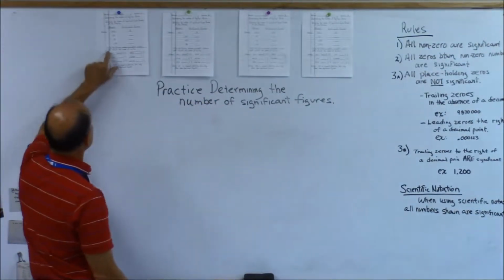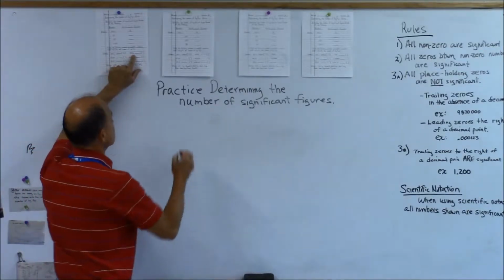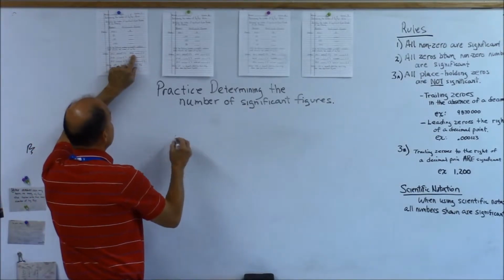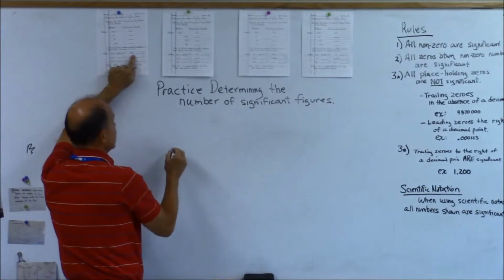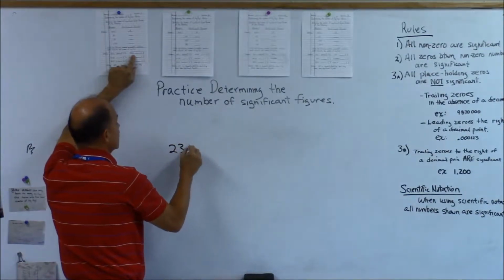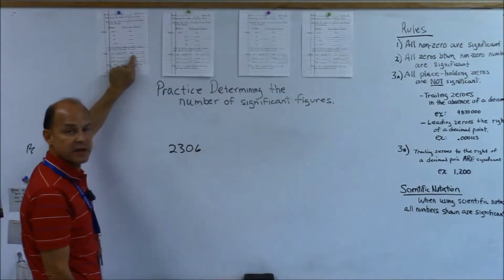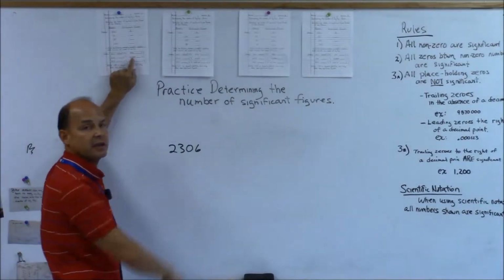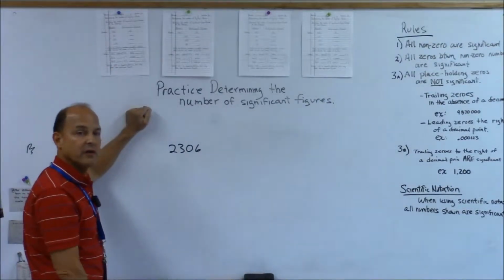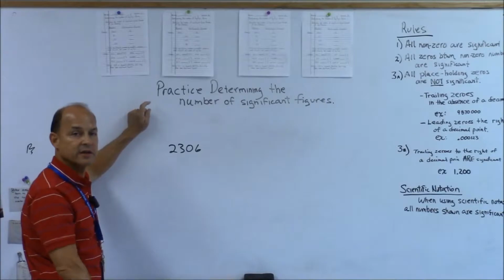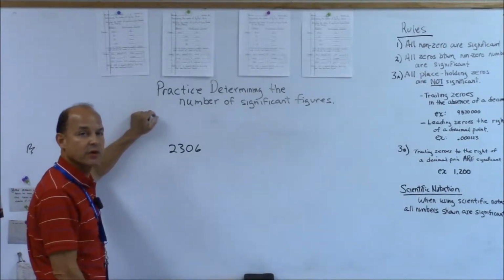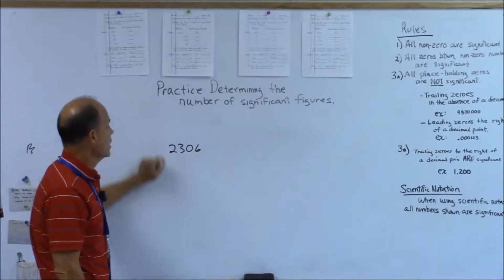Let's look at an example from form number 1. What this version of this worksheet wants you to do is to first convert to scientific notation and then indicate the number of significant figures. So when you write it in scientific notation, you're only supposed to show the number of significant figures.